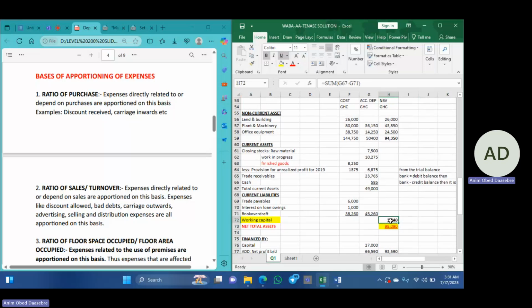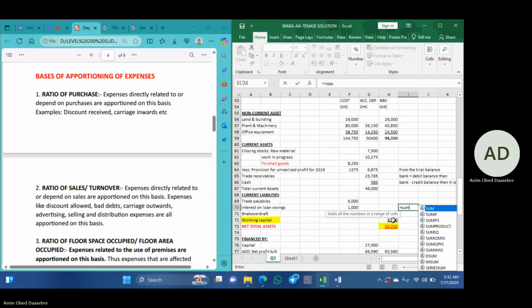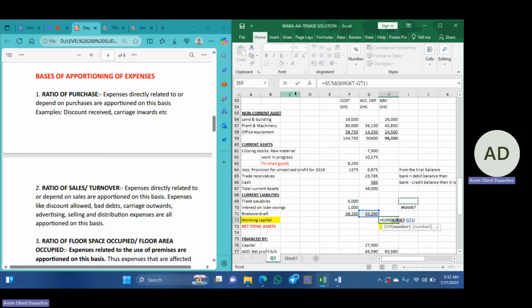Now you add the working capital to your total non-current assets.